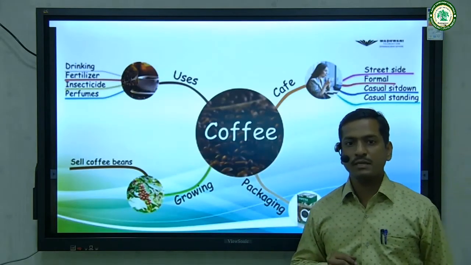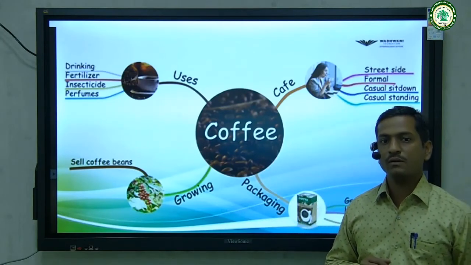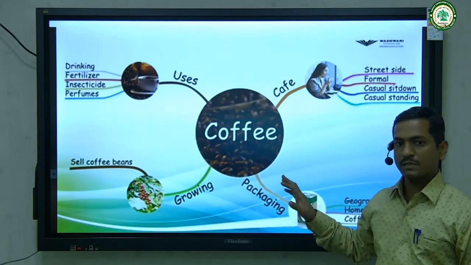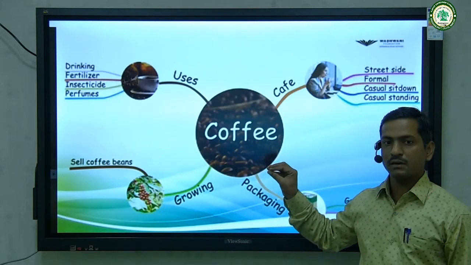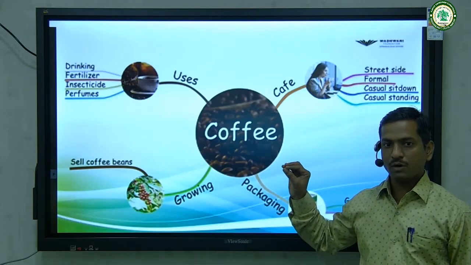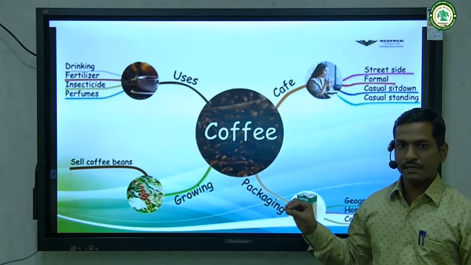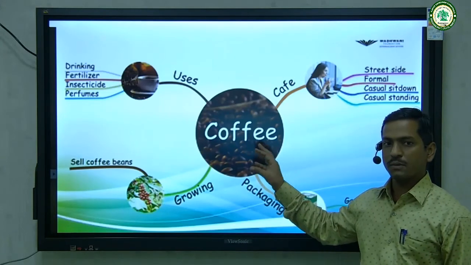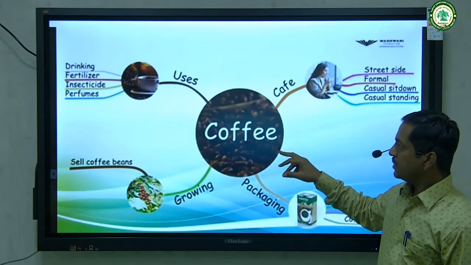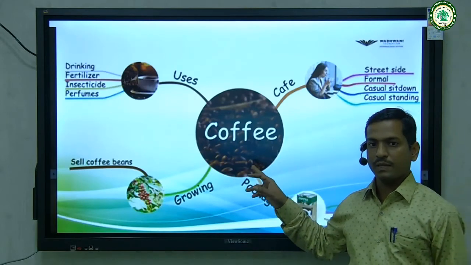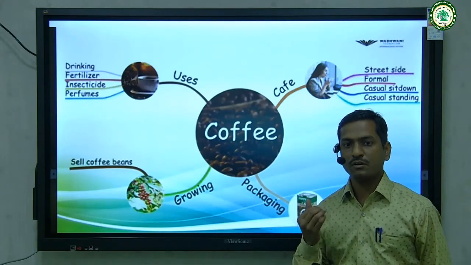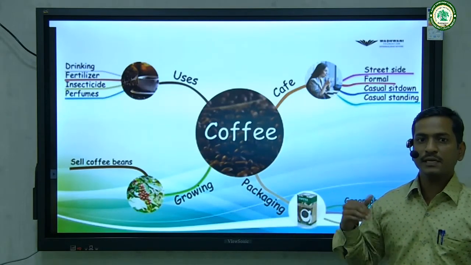So students, you can see here one image or one example of a mind map. For example, coffee is the central or key idea. And what are the secondary ideas connected to the main idea? That is, when we think about coffee, which kind of ideas or thoughts are generated in our mind?